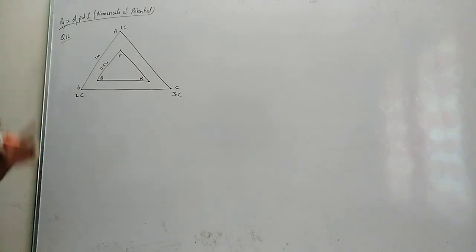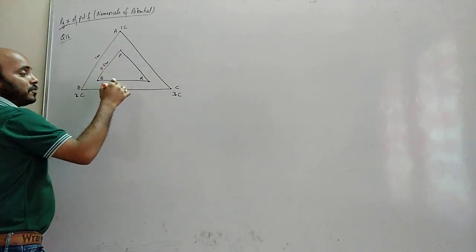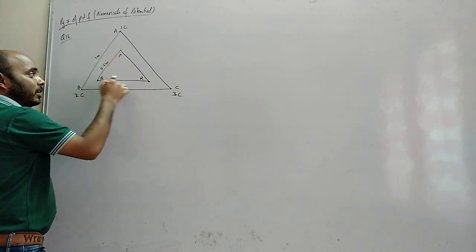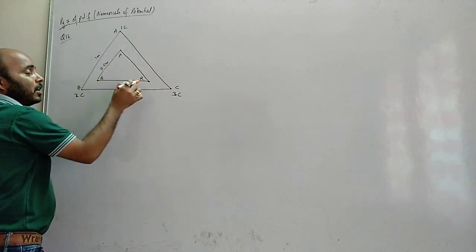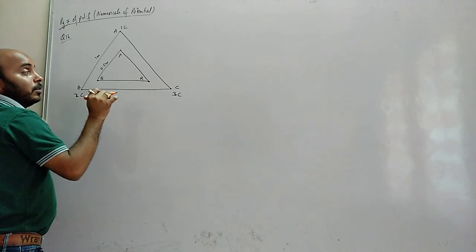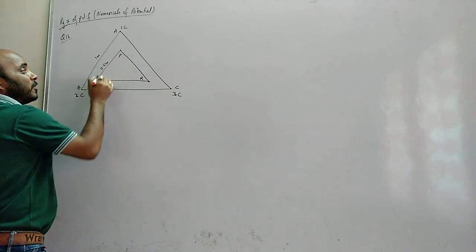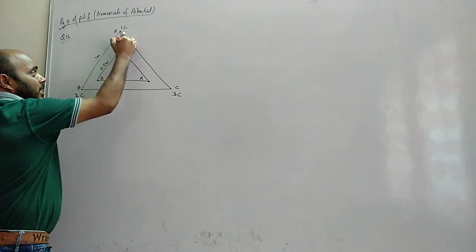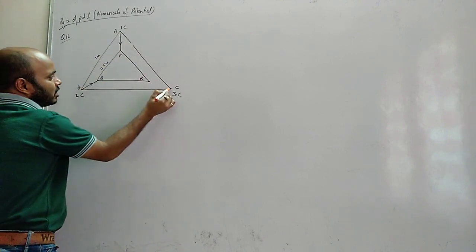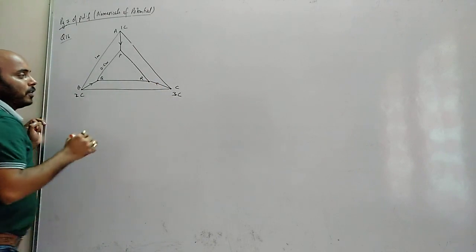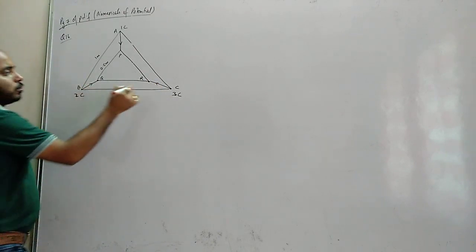They say these charges are shifted to the vertices of another equilateral triangle PQR, whose side is 0.5 meter. That means charge A is shifted to P, charge B is shifted to Q and charge C is shifted to R. Find the work done in doing so.